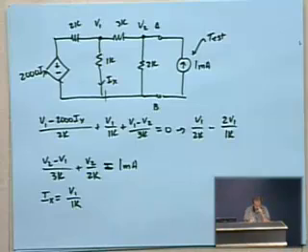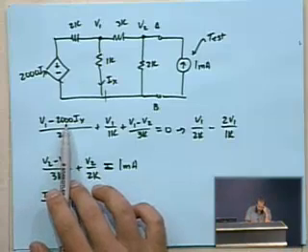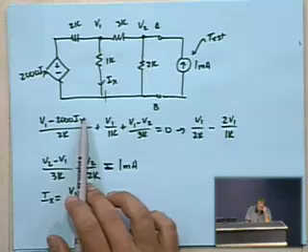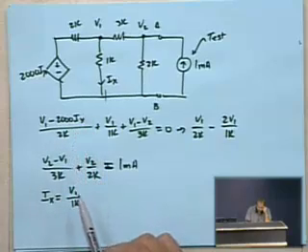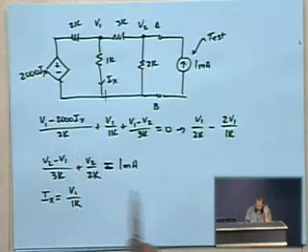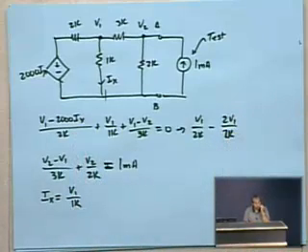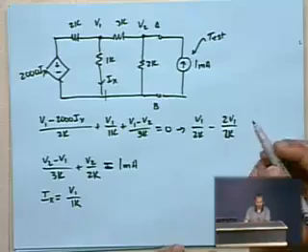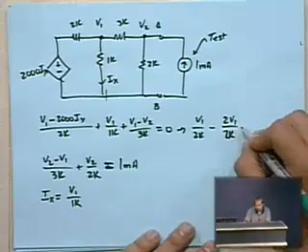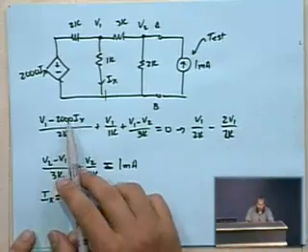That's not right. We got the negative 2000 times Ix would be 2000 or 2V1, and the 1K goes away. And this should be a 2K. Today's not my day. The math works out on that one, right? All right. So we had the 2000 Ix.